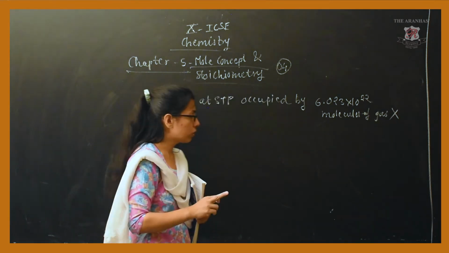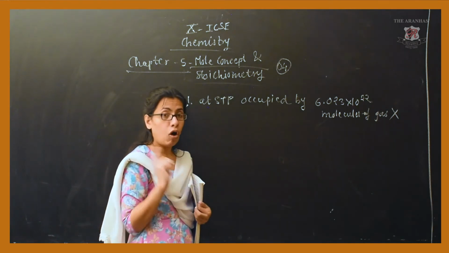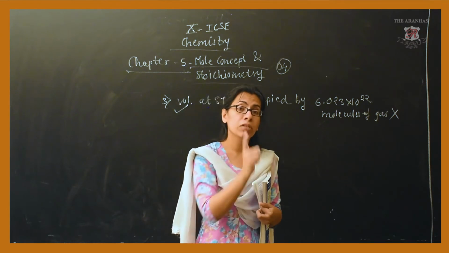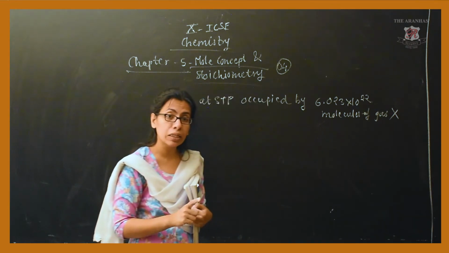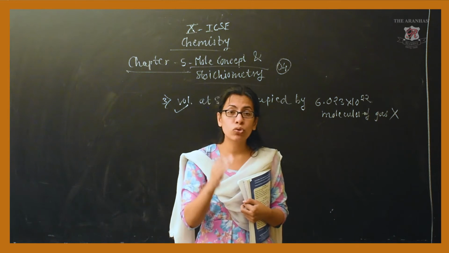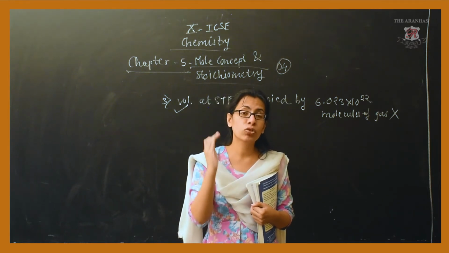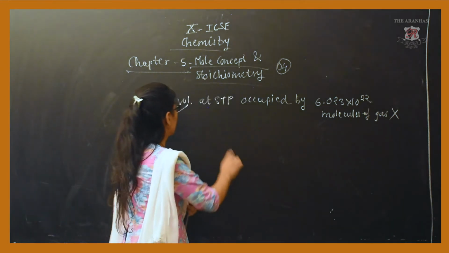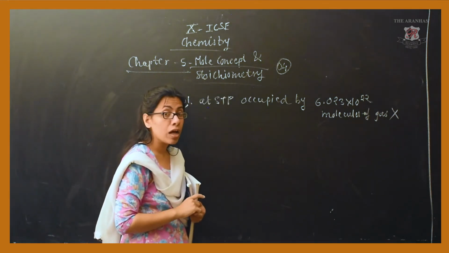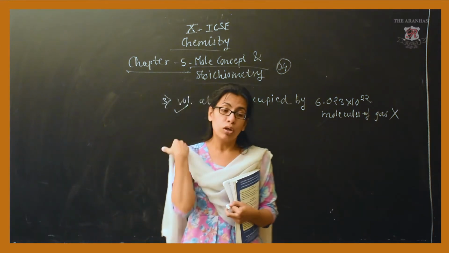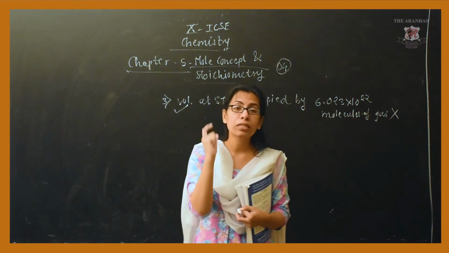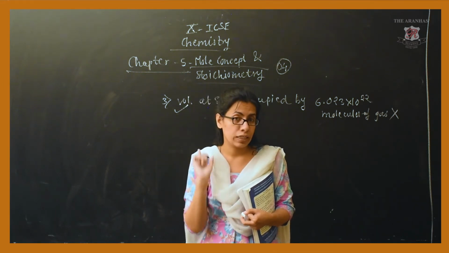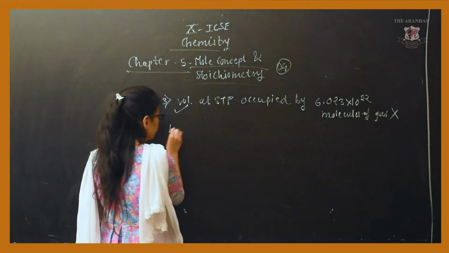So whenever you say 1 mole of any gas, that amount will always contain 6.023 into 10 raised to 23 particles. Now here they had asked for volume. So 1 mole always occupies how much volume? 22.4 liters at STP.